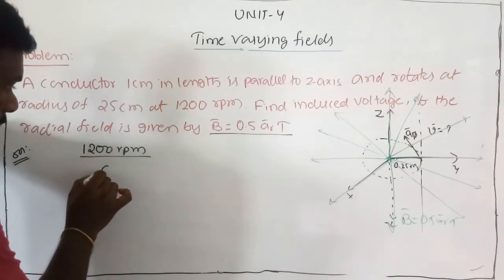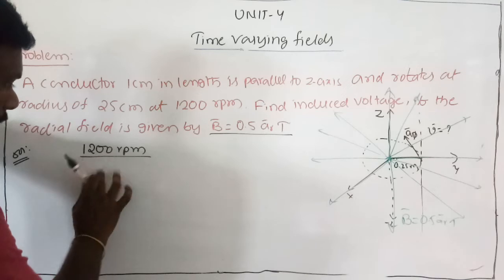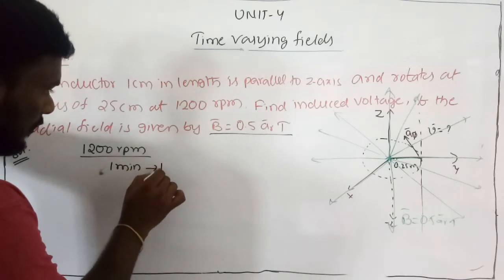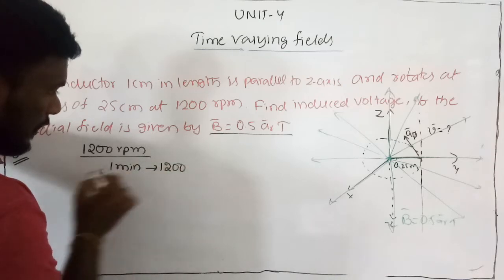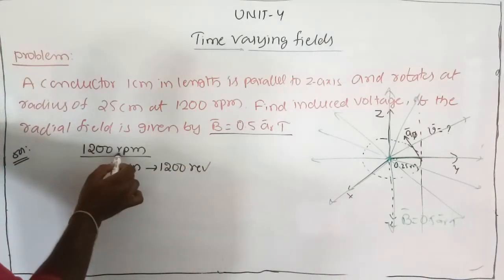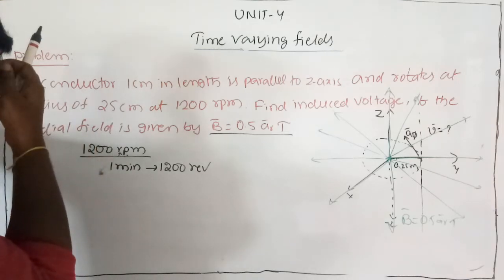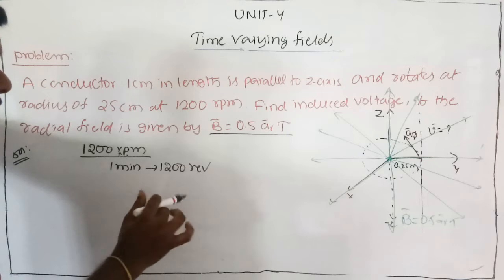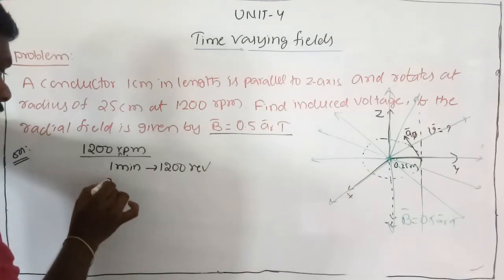1200 RPM, rotations per minute, means that in 1 minute it will complete 1200 revolutions. 1 minute means how many seconds?